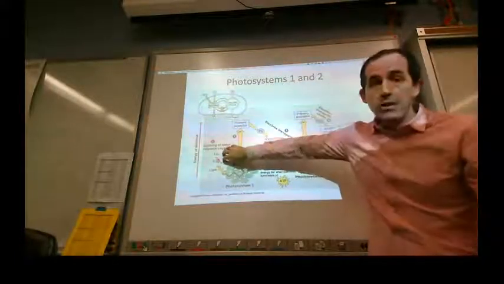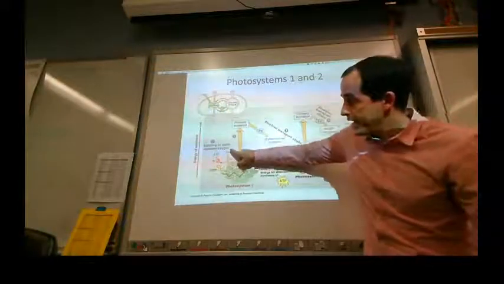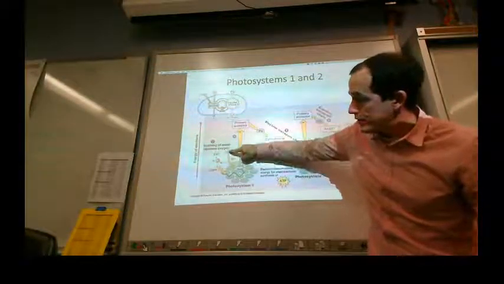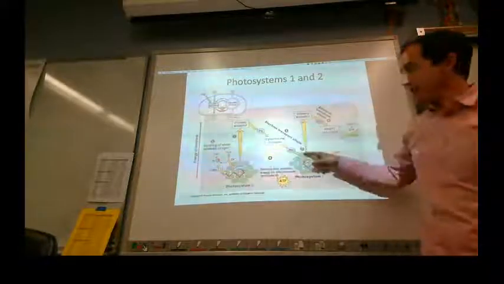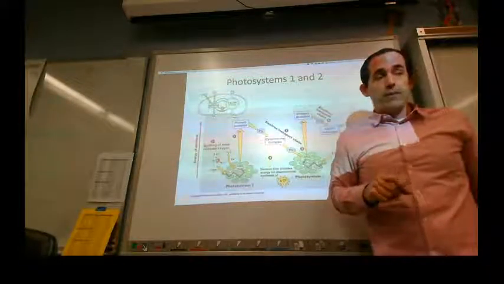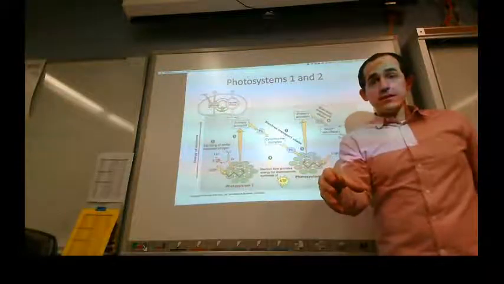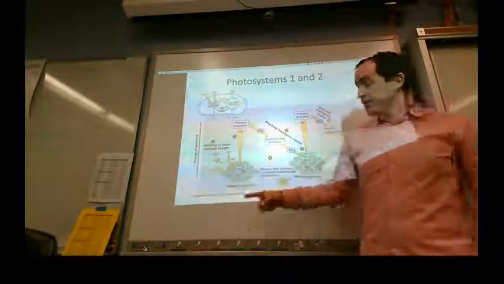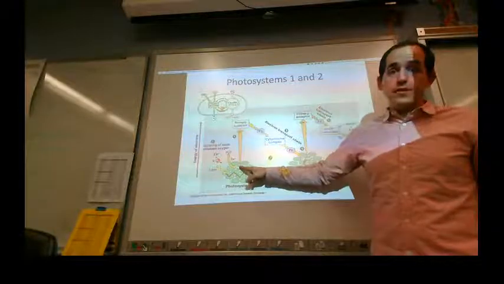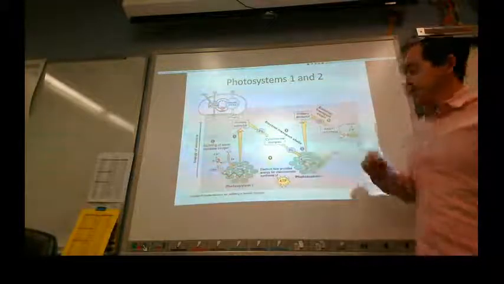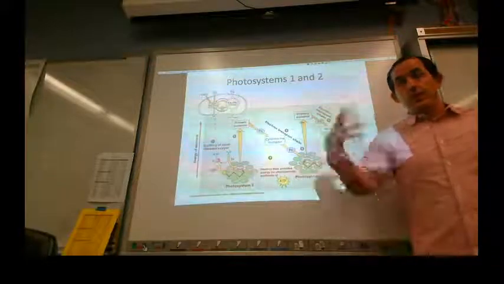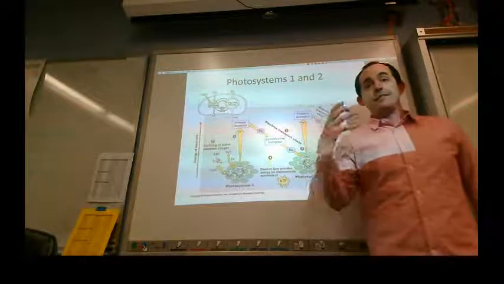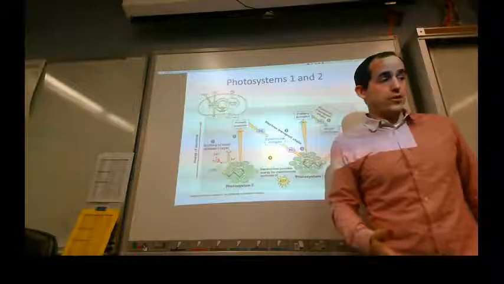Plants also need water so that they can break down those molecules of water to replenish the electrons so that the process doesn't shut down. Okay? If you don't water your plants, they can't do photosynthesis because they don't have the electrons that they need to make NADPH and ATP. Okay? That's the light-dependent reactions of photosynthesis.